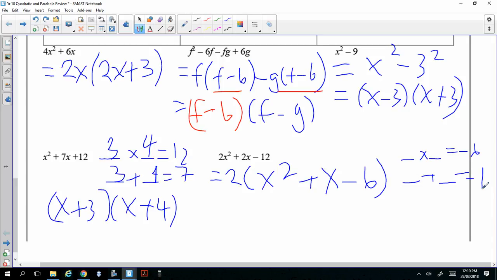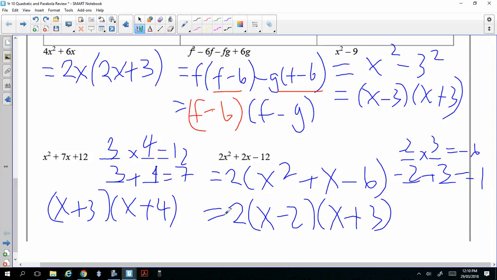Yep, anyone? Minus 2 and 3, good. It works. So you just go x minus 2, x plus 3. Very easy. Alright? So you take the 2 out so it becomes monic. Monic is very easy to factorize. And then we'll look at a case where it is non-monic, where you can't take out a common factor.